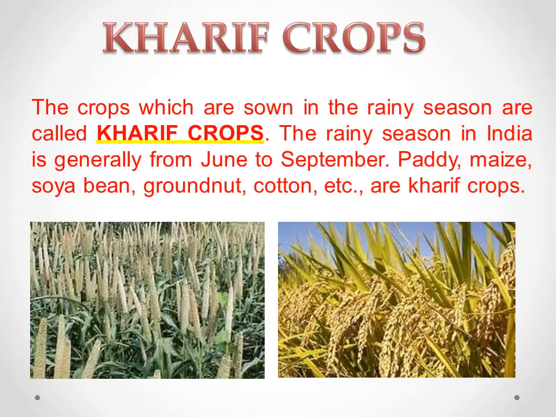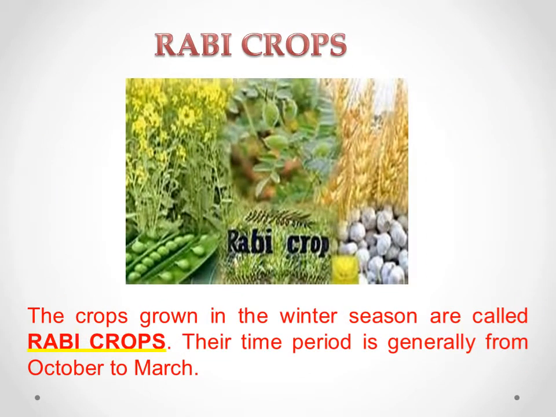Kharif crops are sown in the rainy season, which in India is generally from June to September. Crops grown usually in the winter season, from October to March, are called rabi crops.